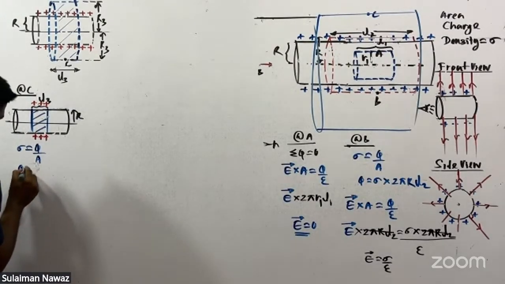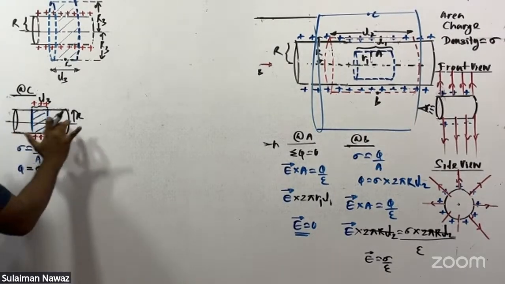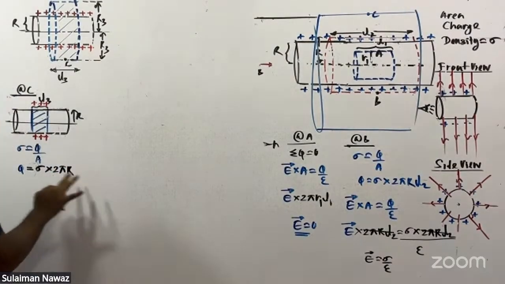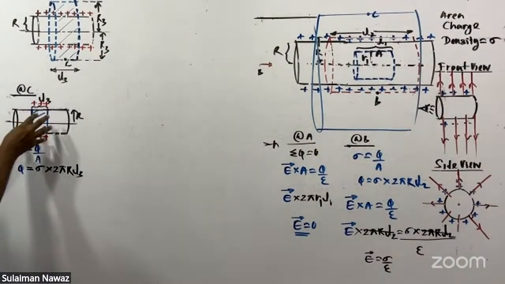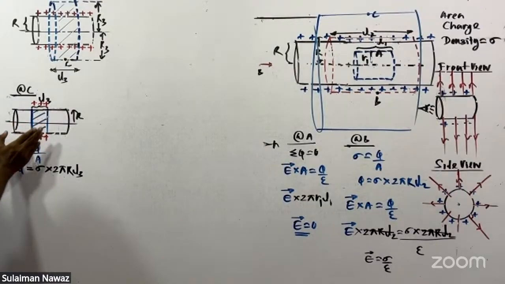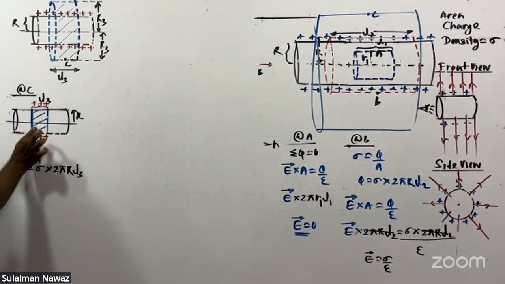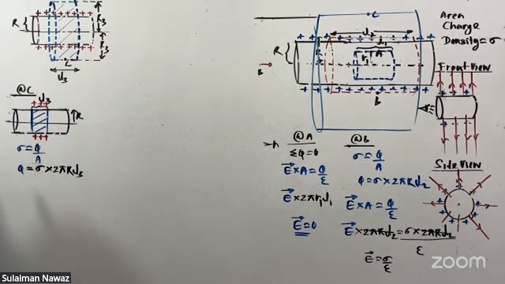The area on the black color cylinder means radius capital R, length L3: 2 pi capital R times L3. That is the total charge on the hollow conductor cylinder, only in the area covered by the Gaussian surface.